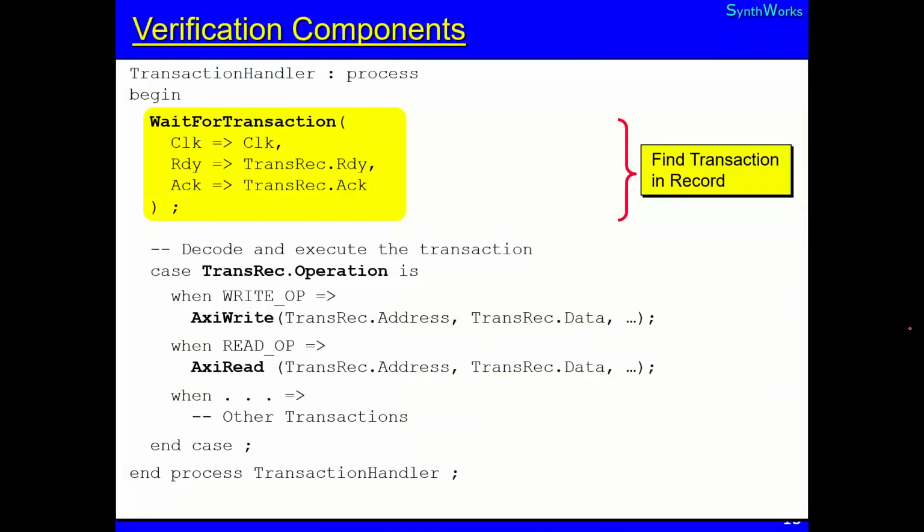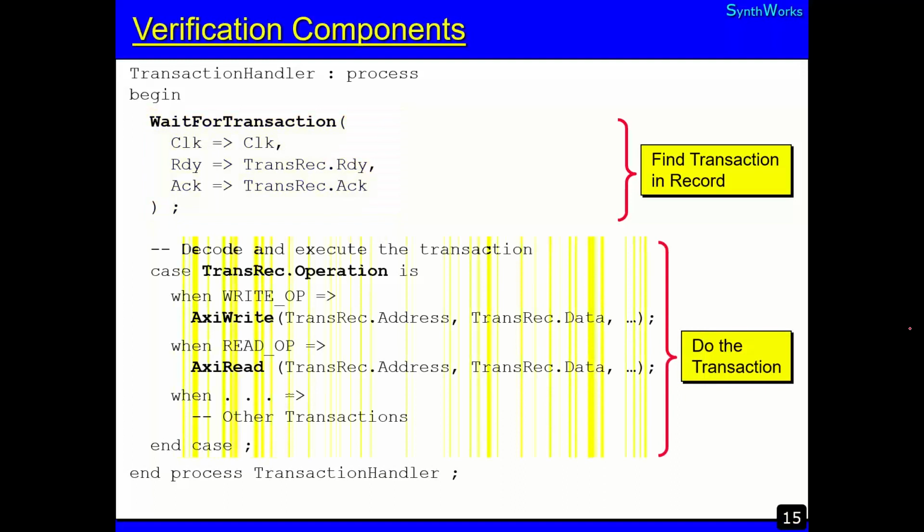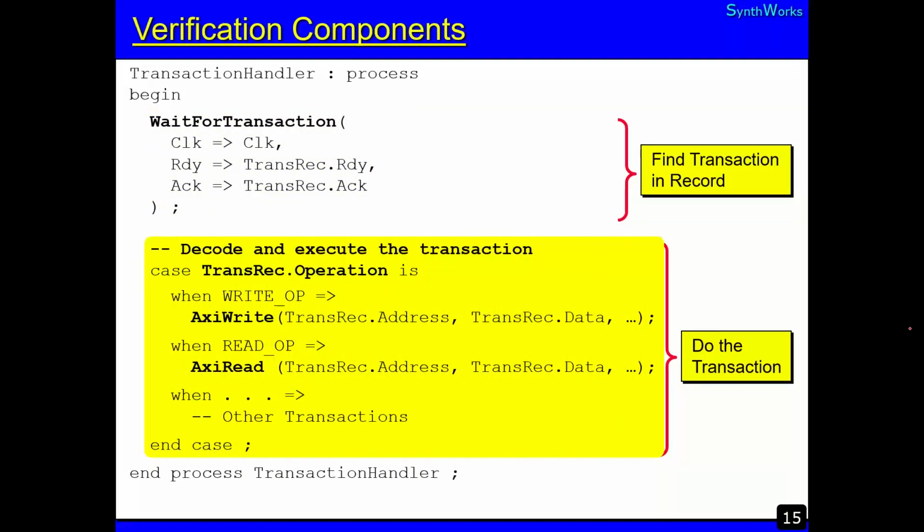Inside the verification component, a very basic blocking sort of verification component, the only thing it needs to do is call wait for transaction. Wait for transaction is the partner to request transaction. So when request transaction says, hey, I got something for you, wait for transaction wakes up. Then it drops down and decodes that transaction.